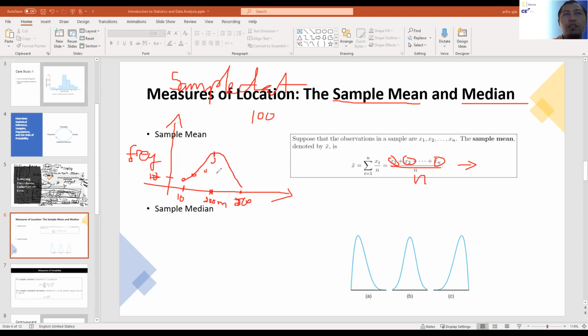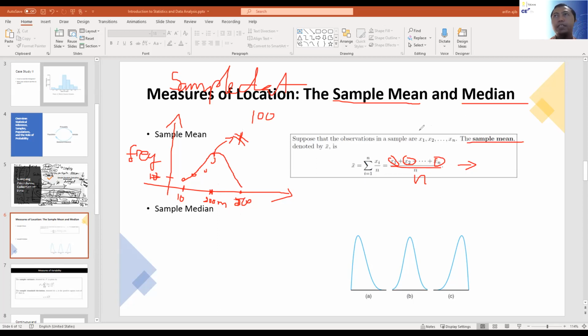This is the mean. Actually, the mean reflects usually the most frequent number. Okay, that's the sample mean.